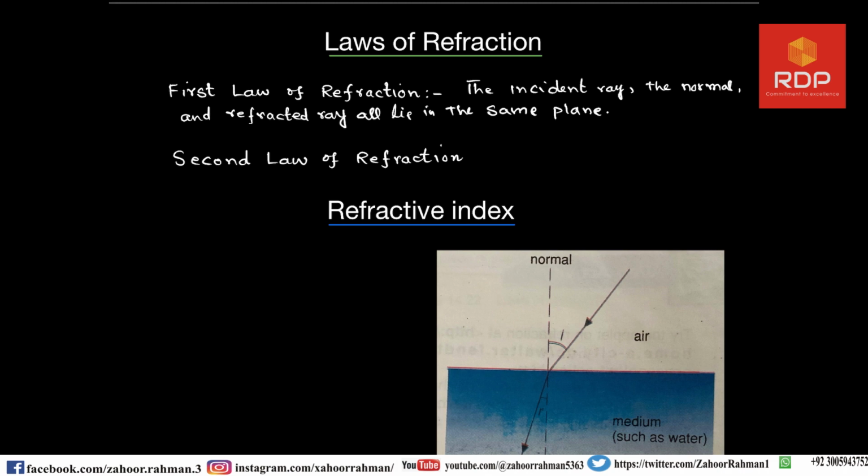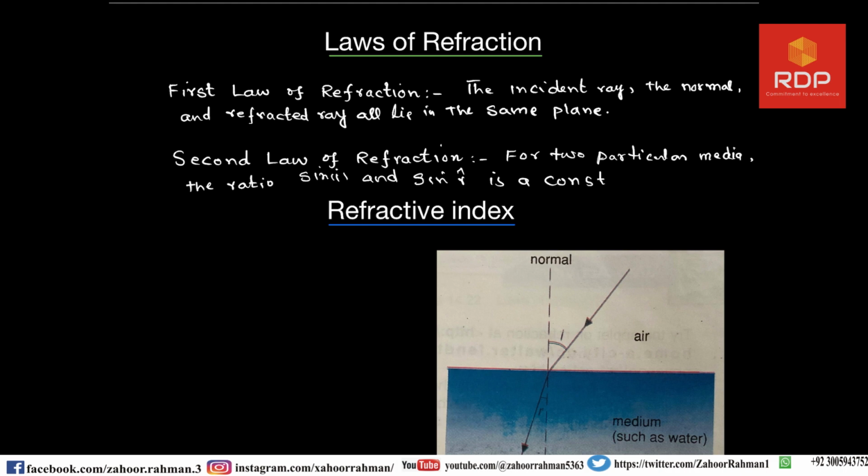Now the second one is for two particular media, the ratio of sine I and sine R is a constant, and we discussed this in greater detail a few minutes back.